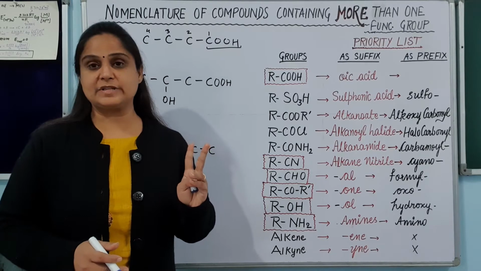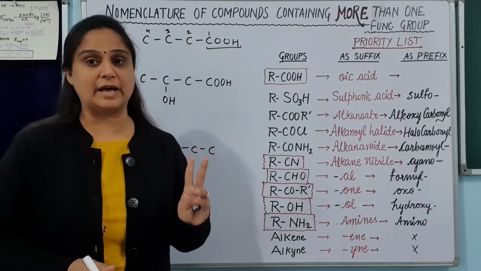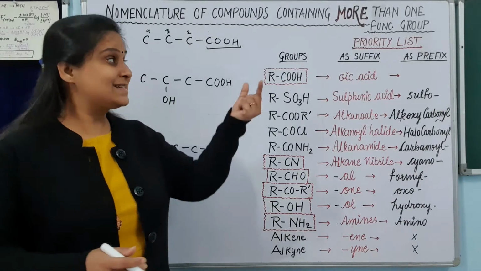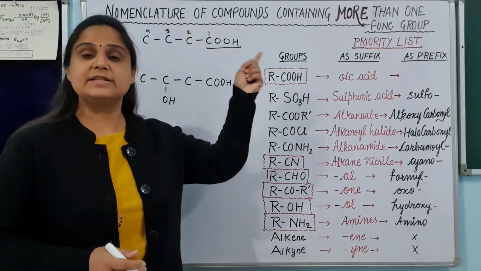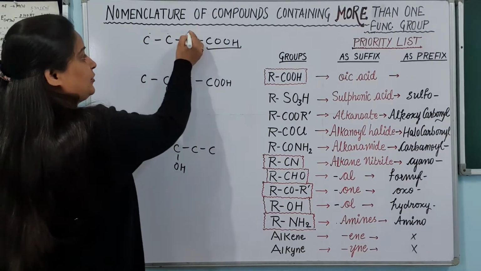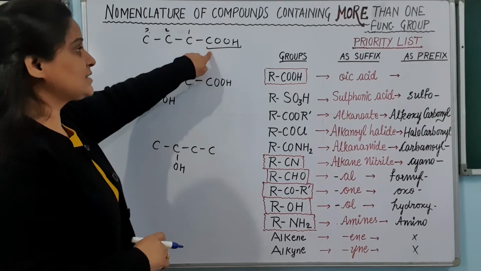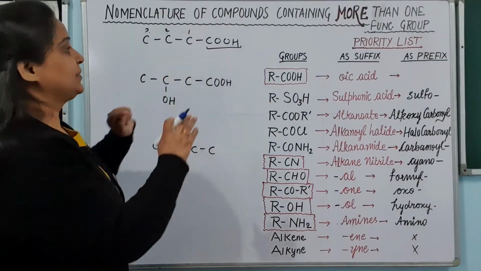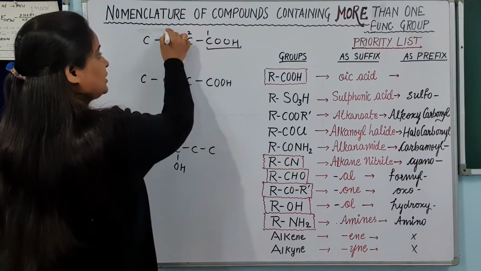Two of the functional groups are there जिनको number करते समय you have to include the carbon atom which is including that functional group. That is, if I am taking COOH, I will not consider this chain like starting from 1, 2, 3. What I am doing is, I am considering this carbon as a part of the chain. That is, I will number it as 1, 2, 3, 4.